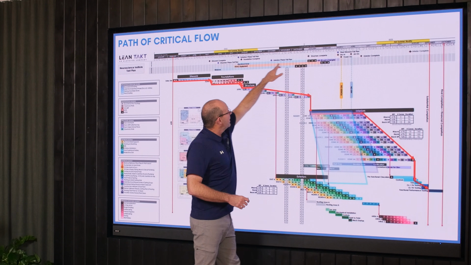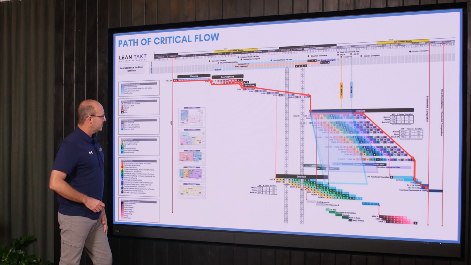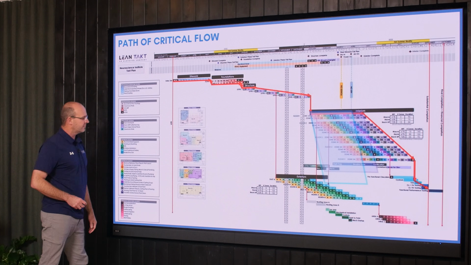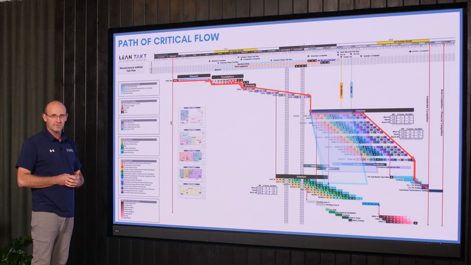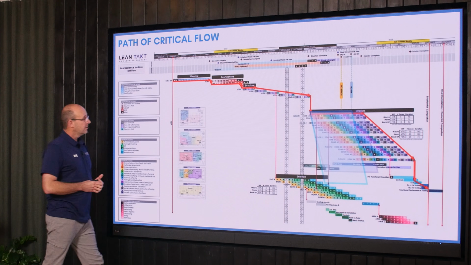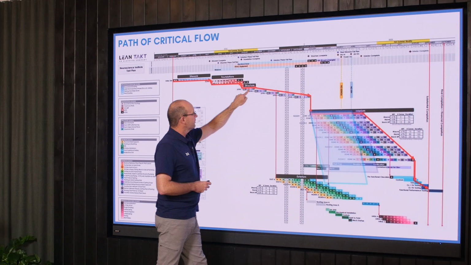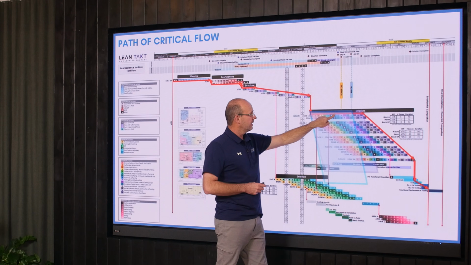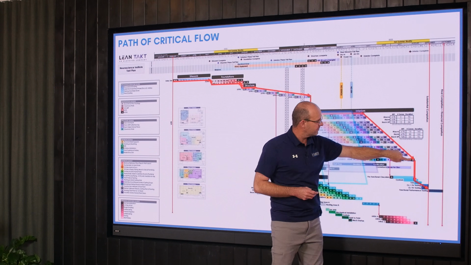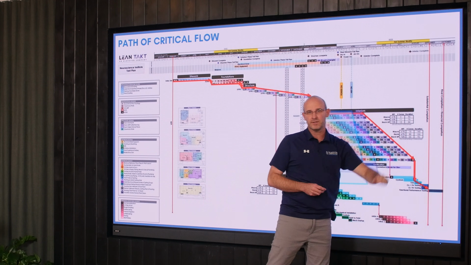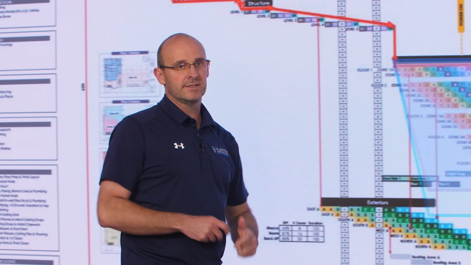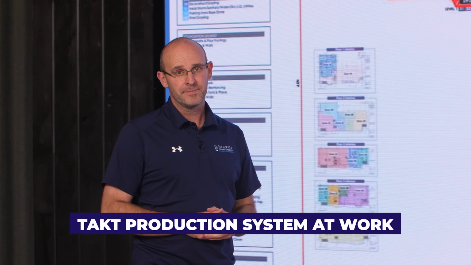They are key milestones that also track the supply chain visually through properly leveled zones with properly leveled activities, with the right number of zones to go fast, to where this path of critical flow is no longer a critical path. It is a path that has trade flow and buffers and is a reasonable end date. That is the takt production system at work.